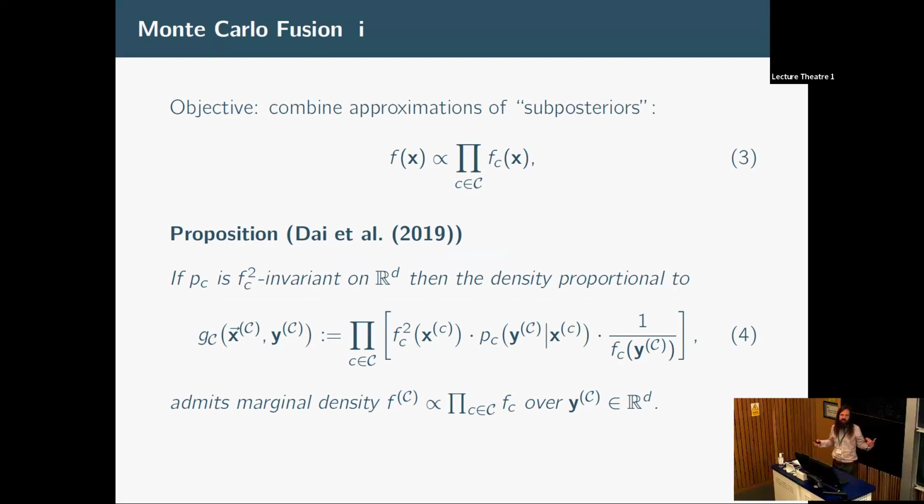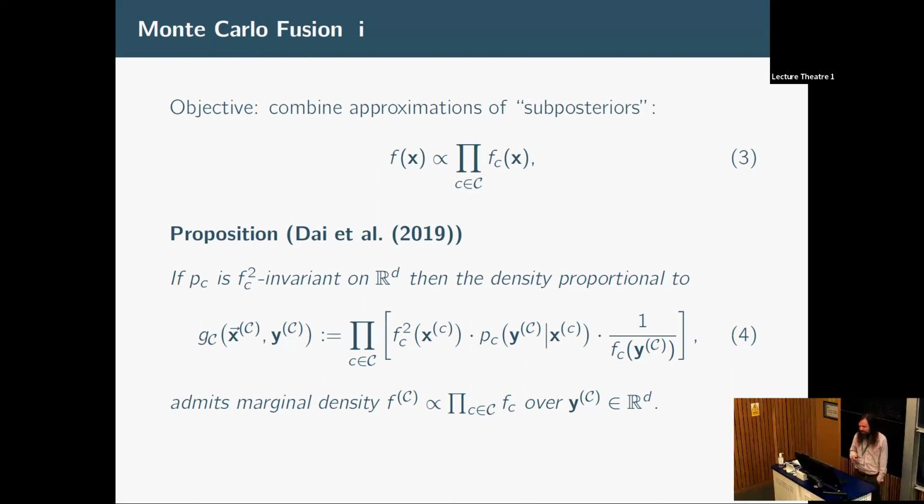The typical example of this is combining Bayesian inference from multiple separated sources, for example. And there's this sequence of work saying, well, actually, if you can construct a density which looks like this, so it's a product of the square of the densities you actually care about and some f_c squared invariant transition and 1 over this, then this has the right marginal. Don't worry too much about these expressions, but it tells you there's a target which has the right marginal.